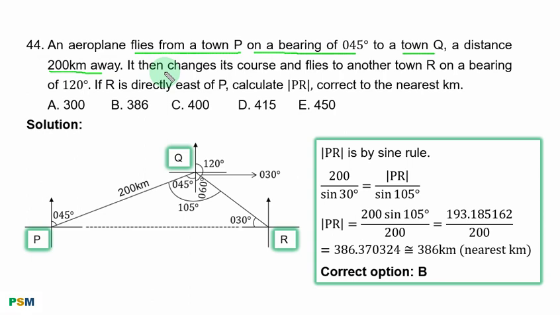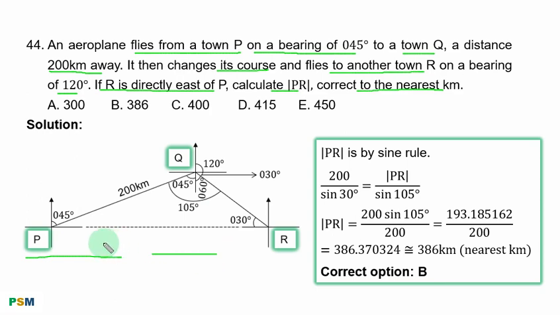It then changes its course and flies to another town, R, on a bearing of 120 degrees. If R is directly east of P, calculate PR correct to the nearest kilometer. Solution. This diagram represents the given information.